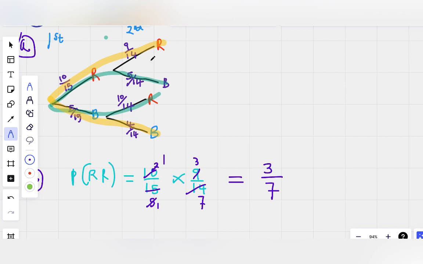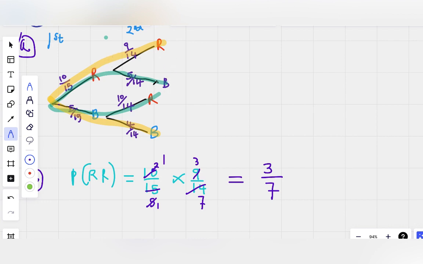We can ignore the bottom half of the tree diagram because the condition has already told us that the first one is red. In the bottom half, there's no red in the first case. So we only deal here.